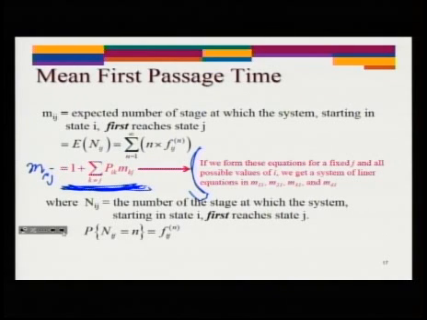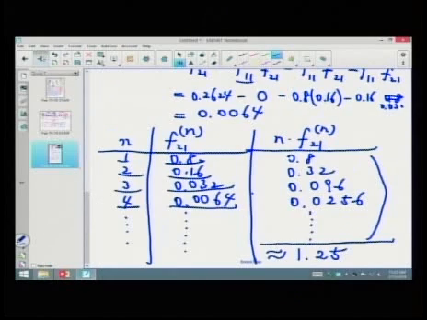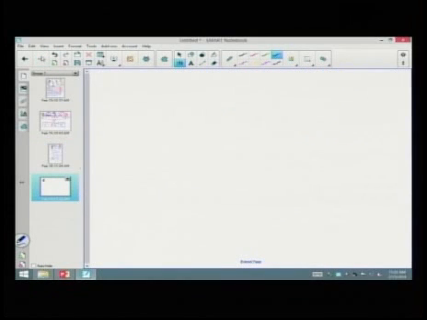Again, using the same example, I'm going to show you how to use this formula right now. We are going to get the value of m sub 2,1. By the way, what does m sub 2,1 mean?